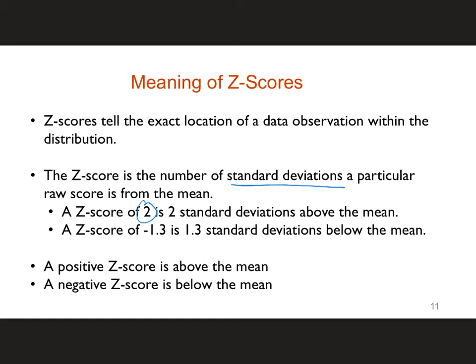And if I have a z-score value of minus 1.3, it means I am 1.3 standard deviations below the mean. Let's take note of something interesting here. In this case, a positive z-score value implies above, and a negative z-score value implies below. This will be very helpful in our examples.